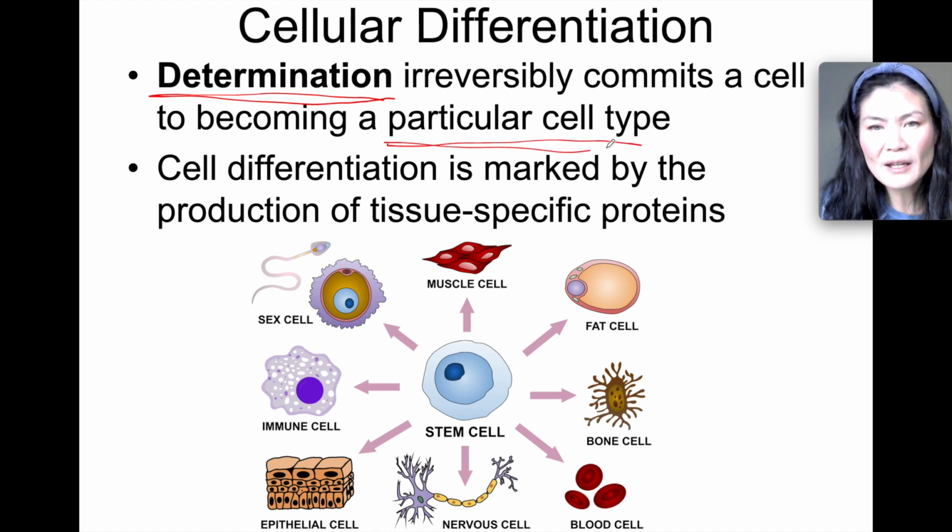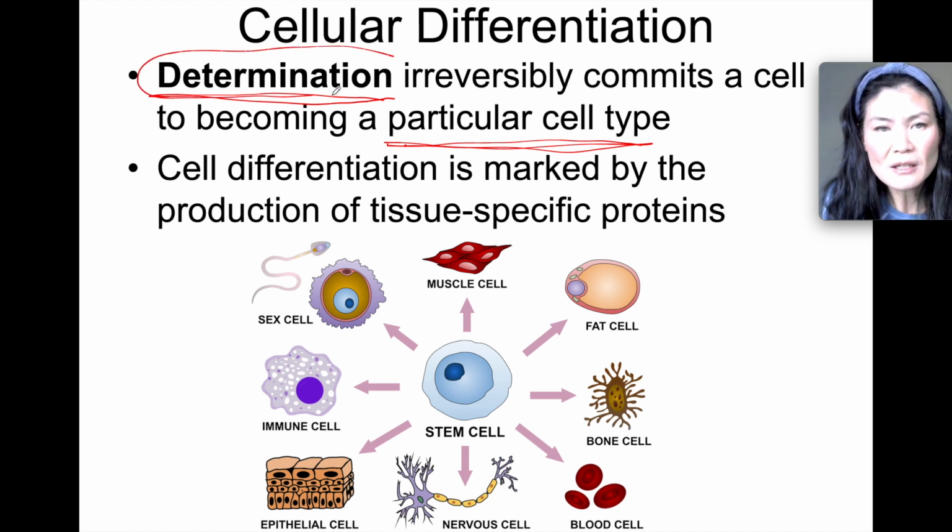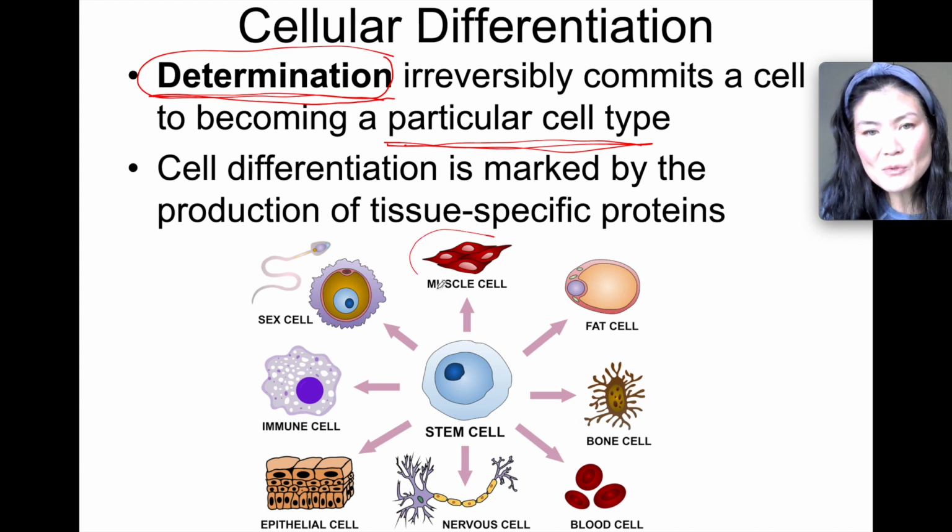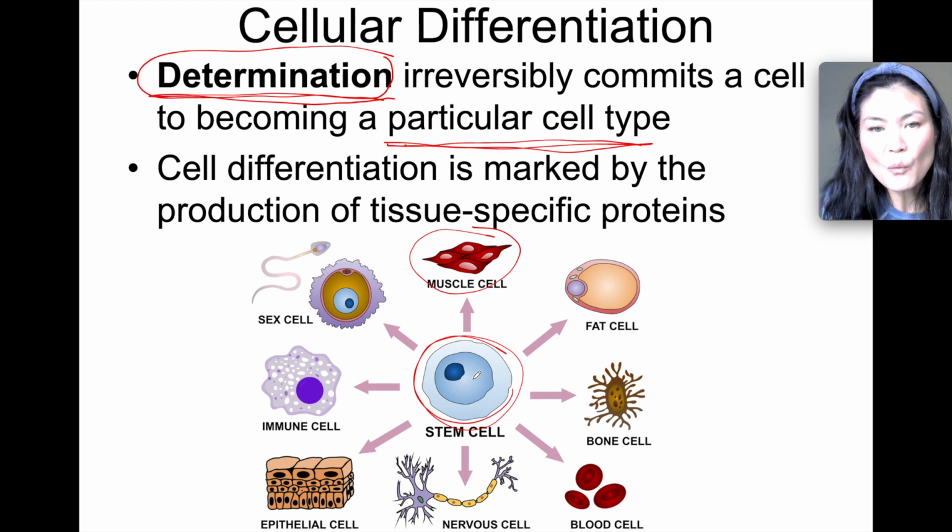And what does that mean on a cellular level? That just means that certain genes are going to be turned on. So determination equates with which genes are turned on. So let's say we have a stem cell, okay? When those genes that are associated with muscle protein are turned on, then it's determined to become a muscle cell.